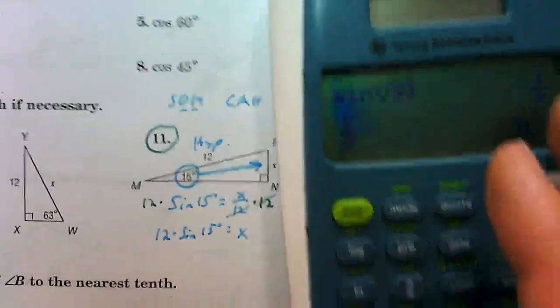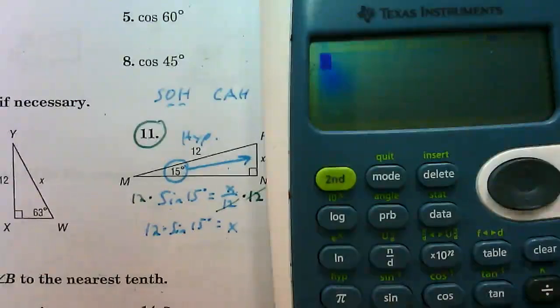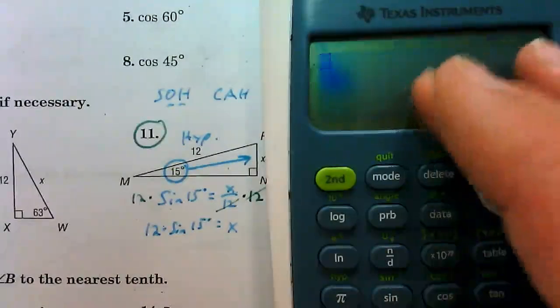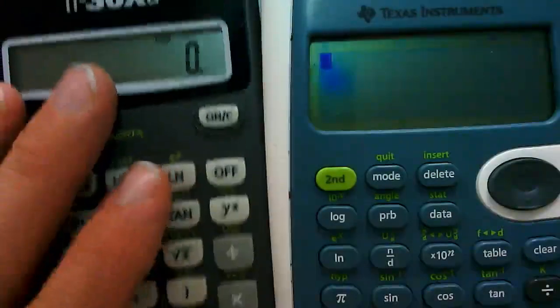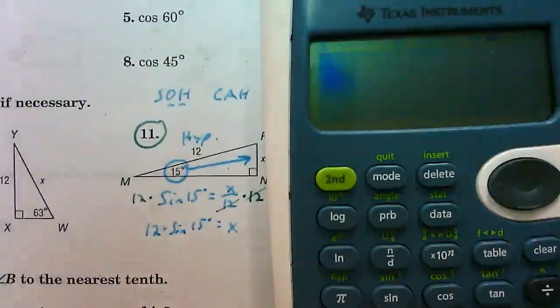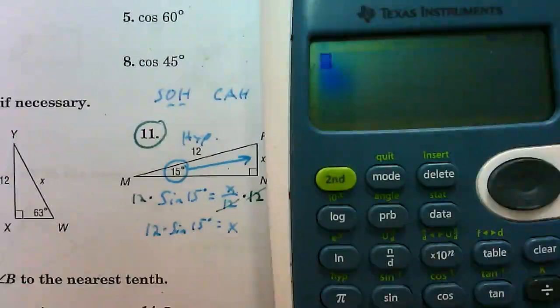On this calculator, it's very simple. Now, you gotta remember, come say at the end of the year, you'll have this type of calculator on the computer, whereas you have this type of calculator as a handheld. So I would be comfortable with using both types and know how they work. So we have 12 times sine of 15.